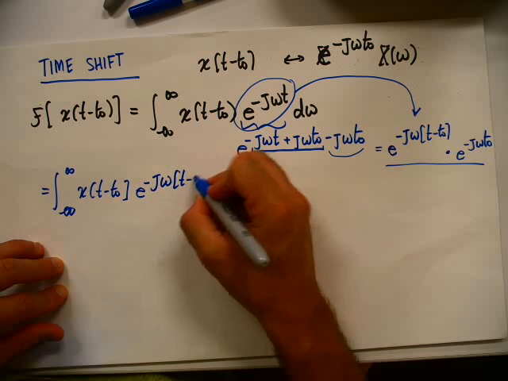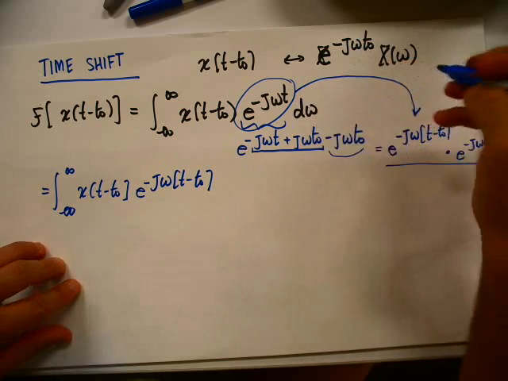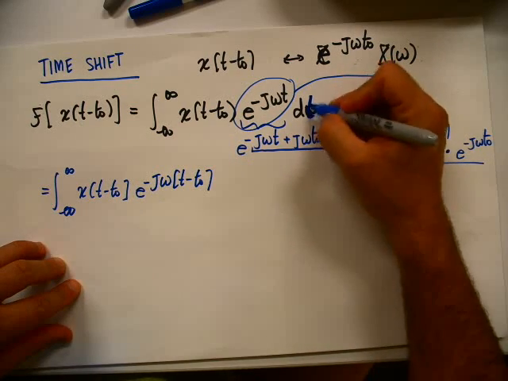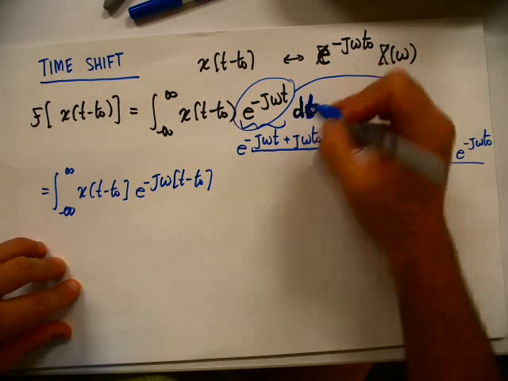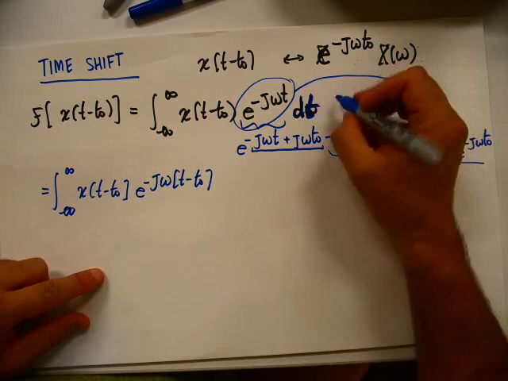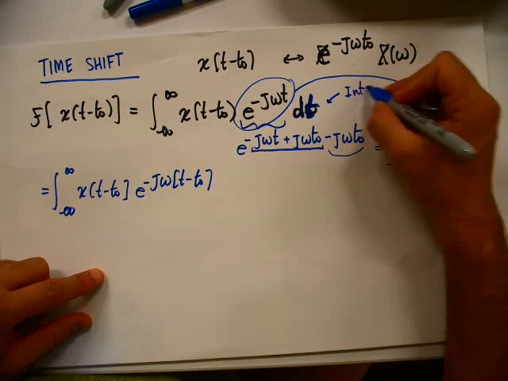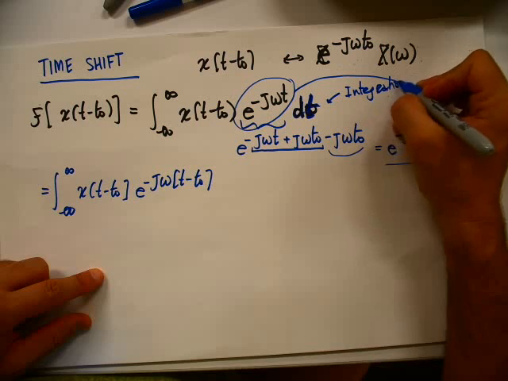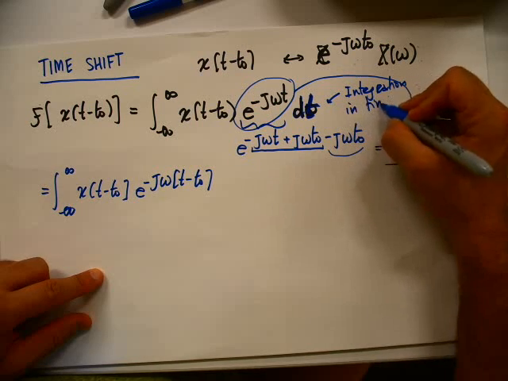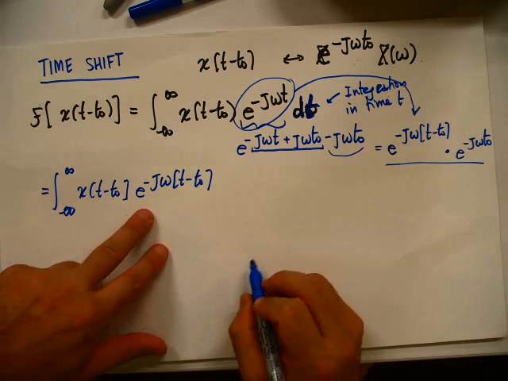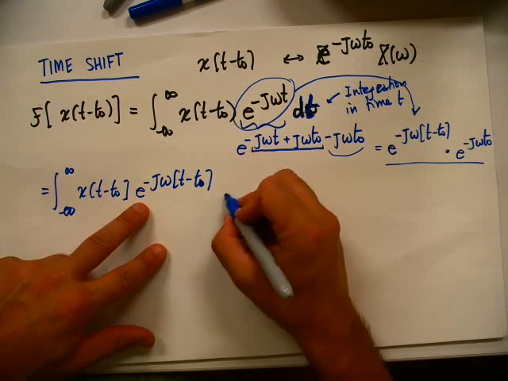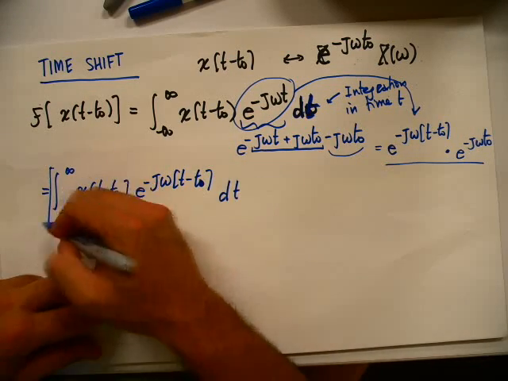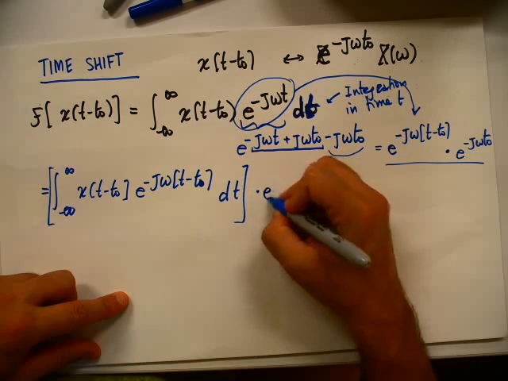I made a mistake here, it is dt, the integration is in time. And then I can bring outside e to the minus j omega t naught.